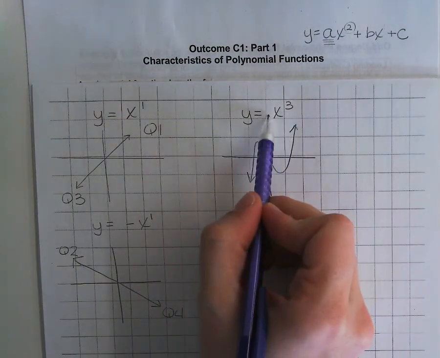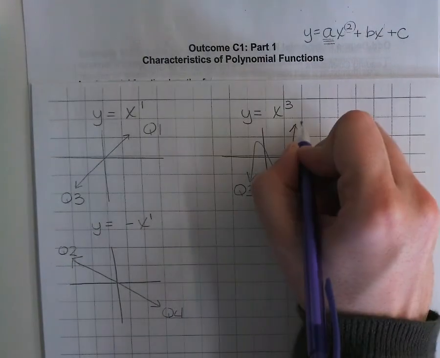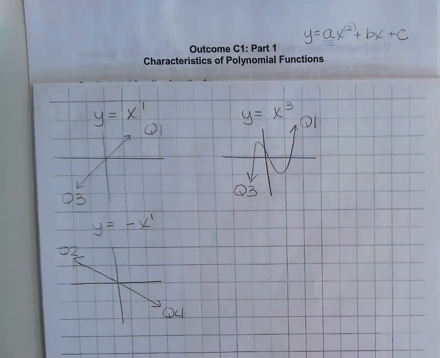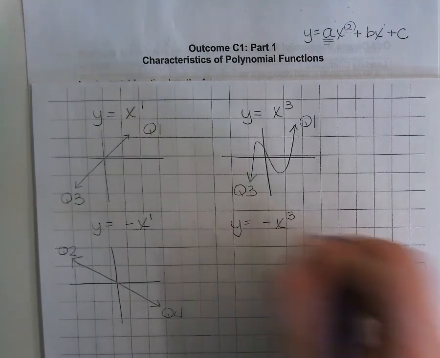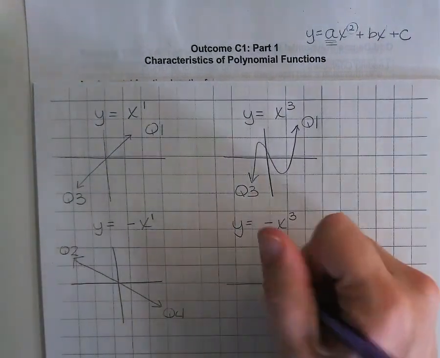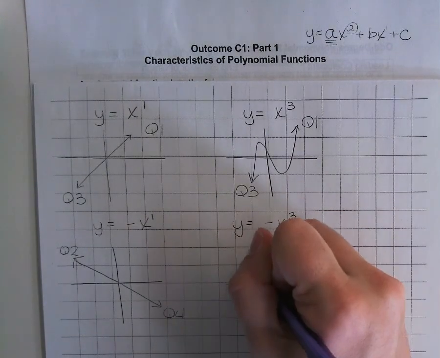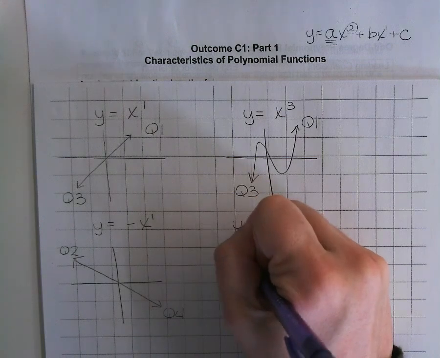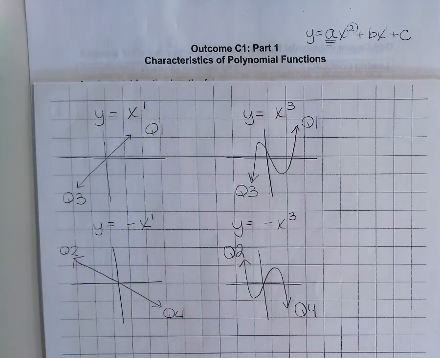If that leading coefficient is positive, it's going to also extend from quadrant 3 to quadrant 1. And if I change it to be negative x cubed, it will flip and extend from quadrant 2 to quadrant 4.